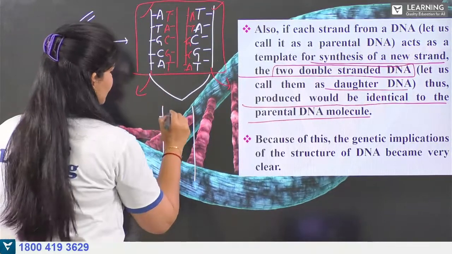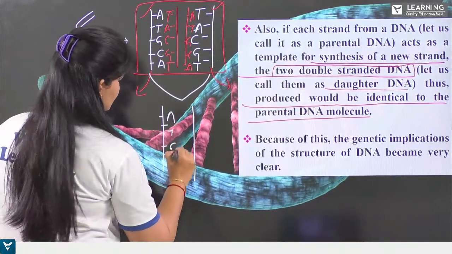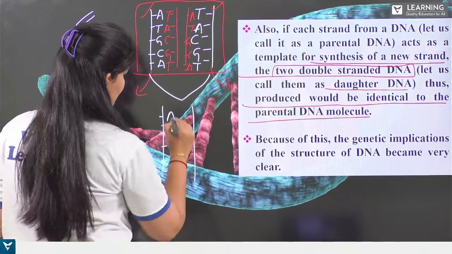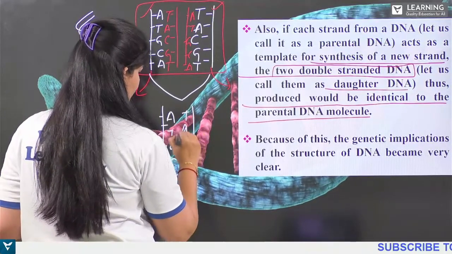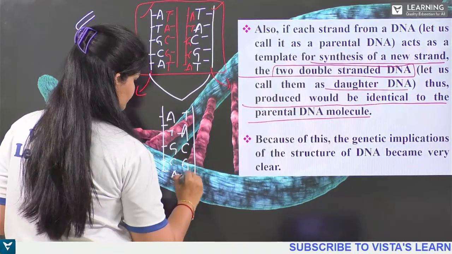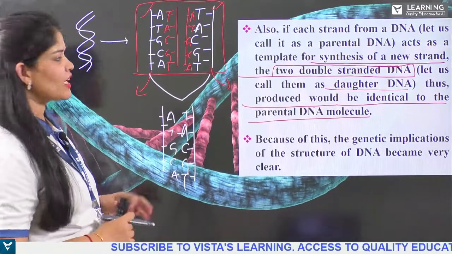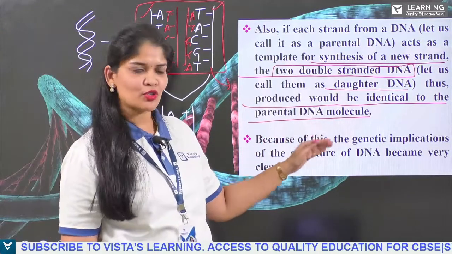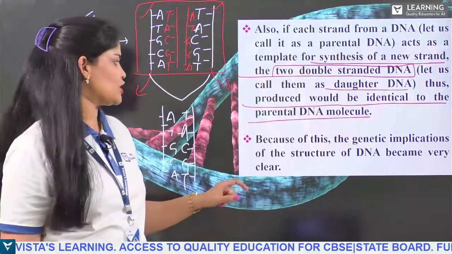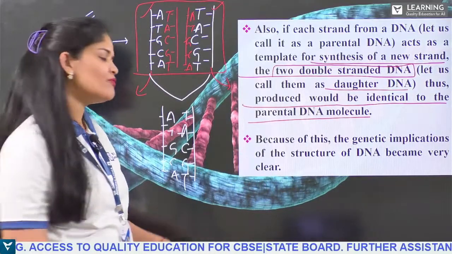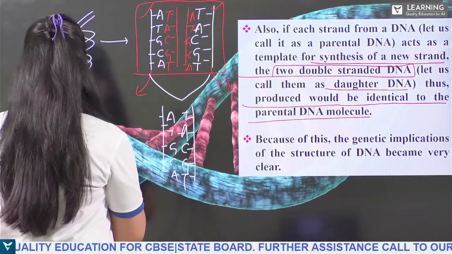So what are they? A, T, G, C, A. Similar, no? Because of this, the genetic implication of the structure of the DNA becomes very, very clear.